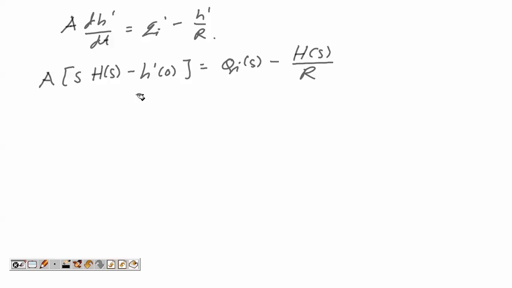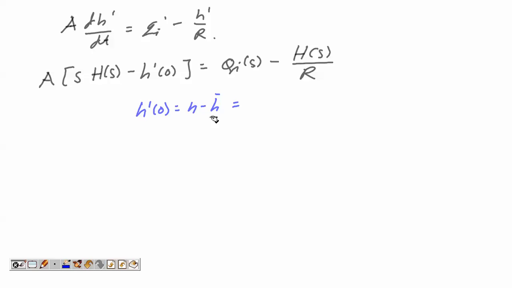Okay, so again in this form we have H prime(0). H prime(0) means the H value at time 0.